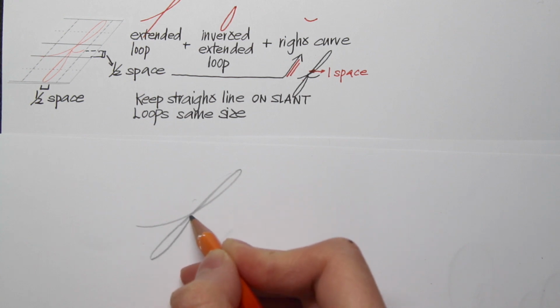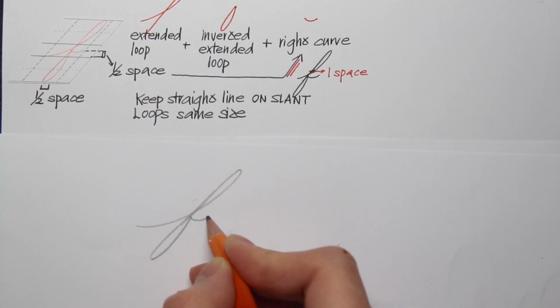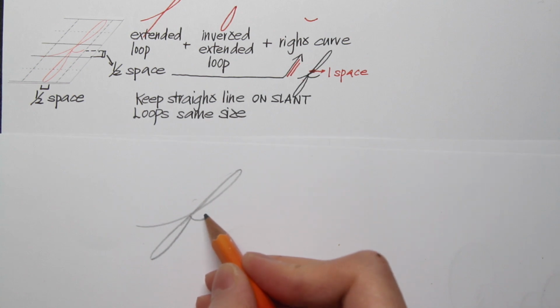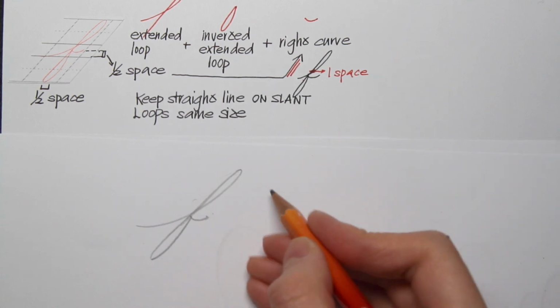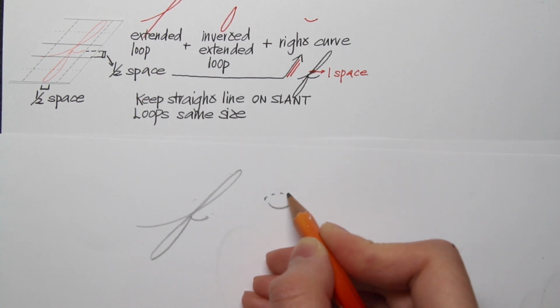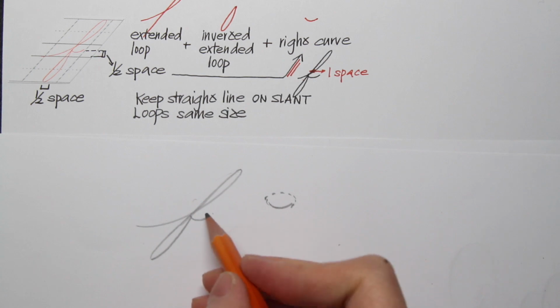Invert a loop, come up to the middle, and a horizontal right curve. So in your B, V, F, these horizontal right curves are potentially this shape.